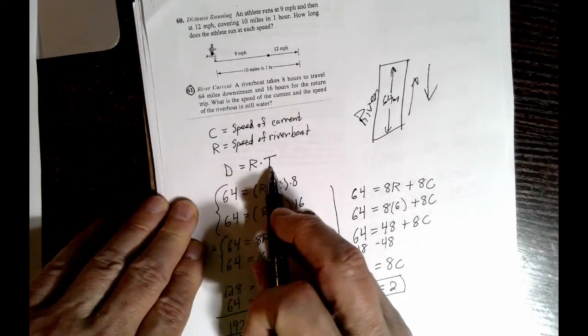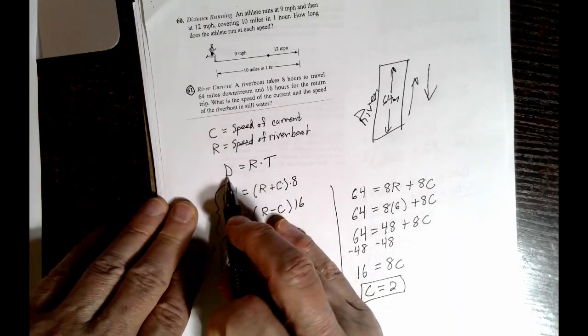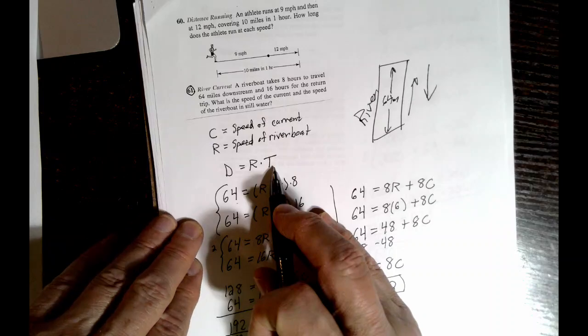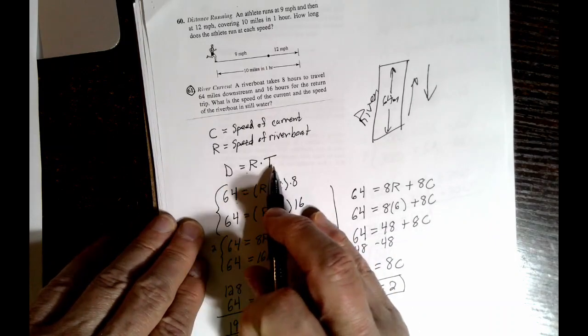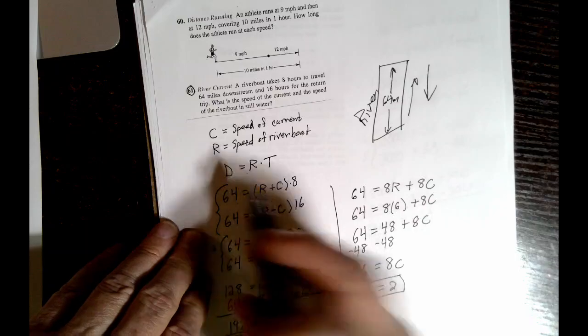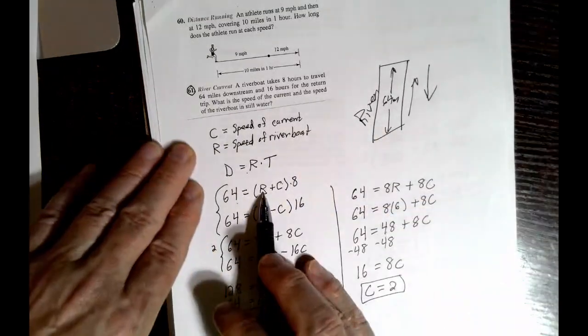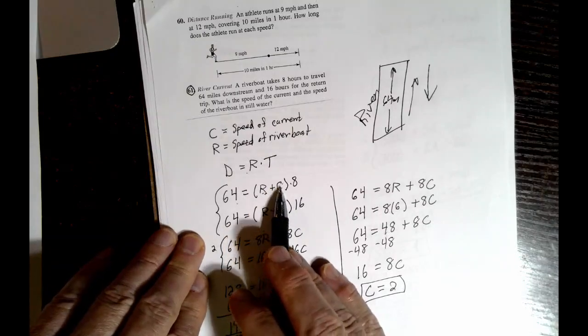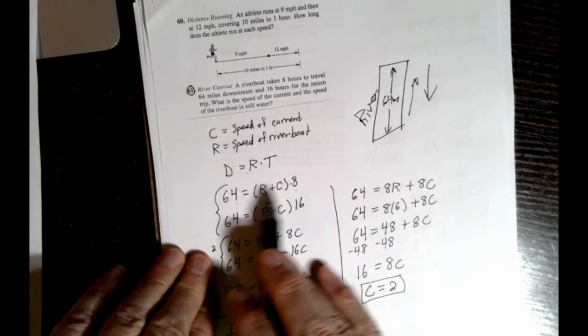Distance equals rate times time. Your distance traveled is your rate or speed times the amount of hours you've traveled at it, right? 60 miles an hour for 3 hours is 60 times 3 or 180 miles, right? So the riverboat plus the current add together, and that times 8 gives you the 64.